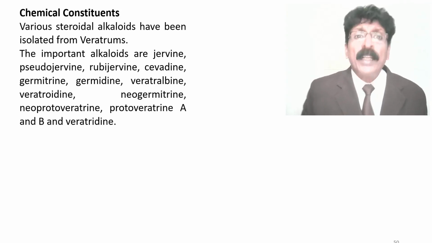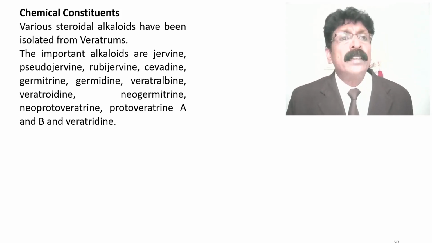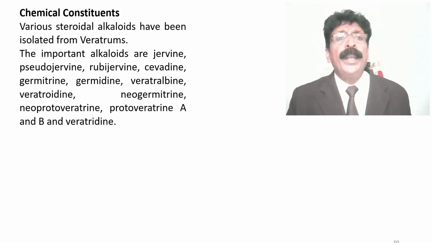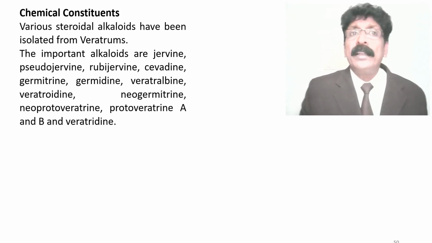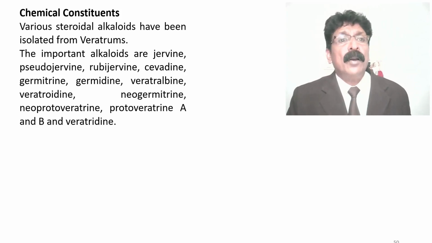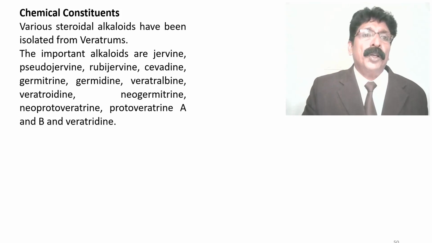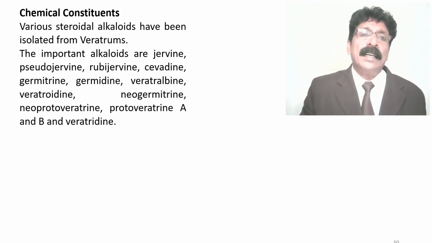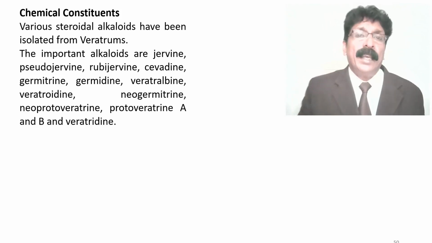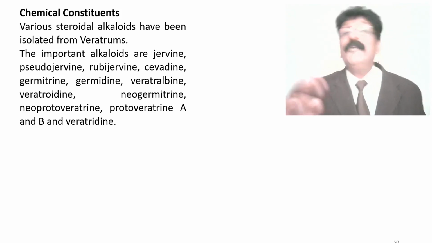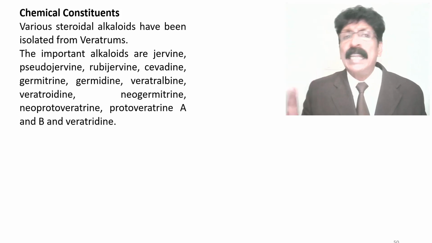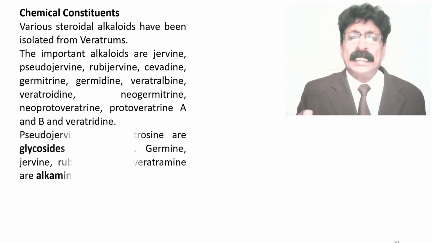The important alkaloids are germerine, pseudogermerine, rubigermerine, cevadine, germitrine, germidine, veratalbine, veratrobasine, neogermitrine, neoprotoveratrine, protoveratrine A and B, and veratridine. So once you read and study, it is possible for you to write the constituents present in Veratrum.